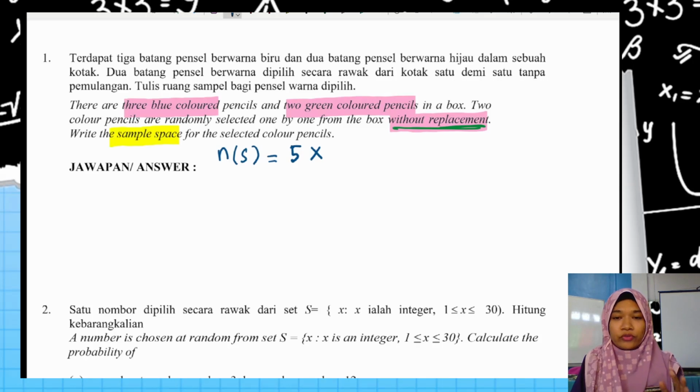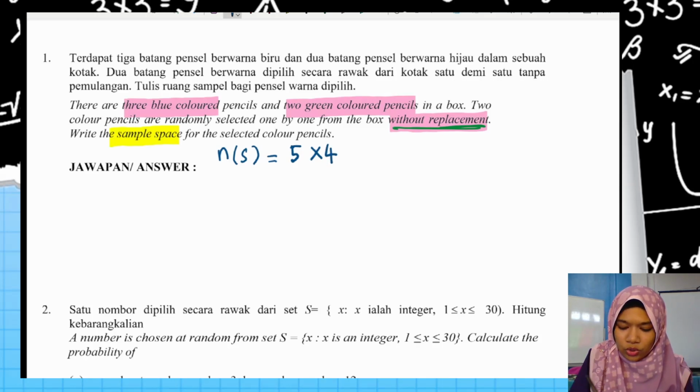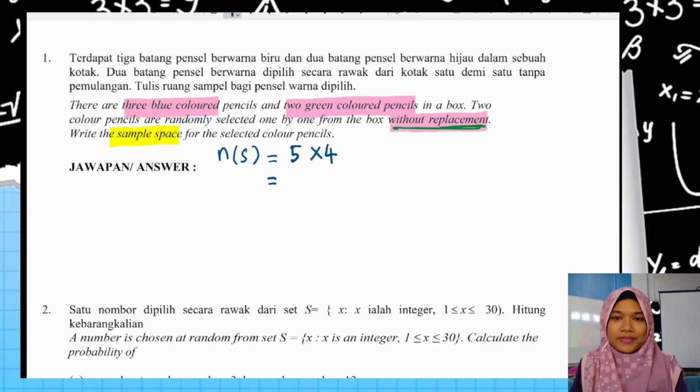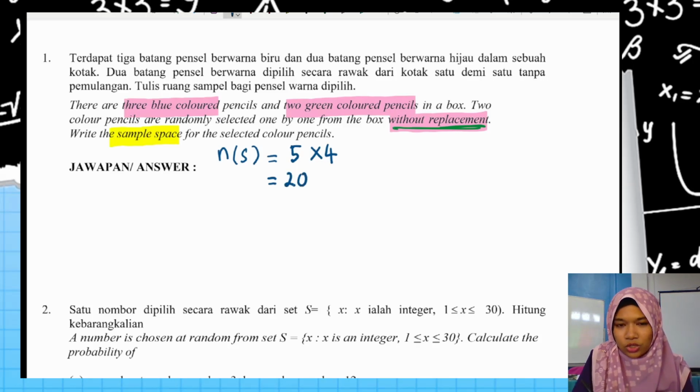You have 4. So you multiply to get the number of possible outcomes in the sample space. 5 times 4 is 20. So the sample space that you list must have all 20 possible outcomes.